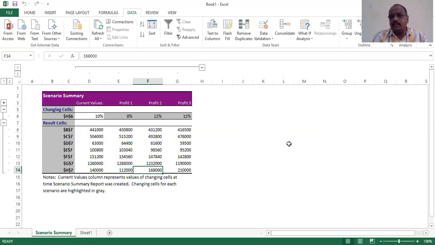When it is 12%, it is increasing. When it is 15%, it is increasing. But the corresponding values in other columns are also changing. This is called what if analysis. Now we have used only one scenario. We are going to use the other two scenarios.